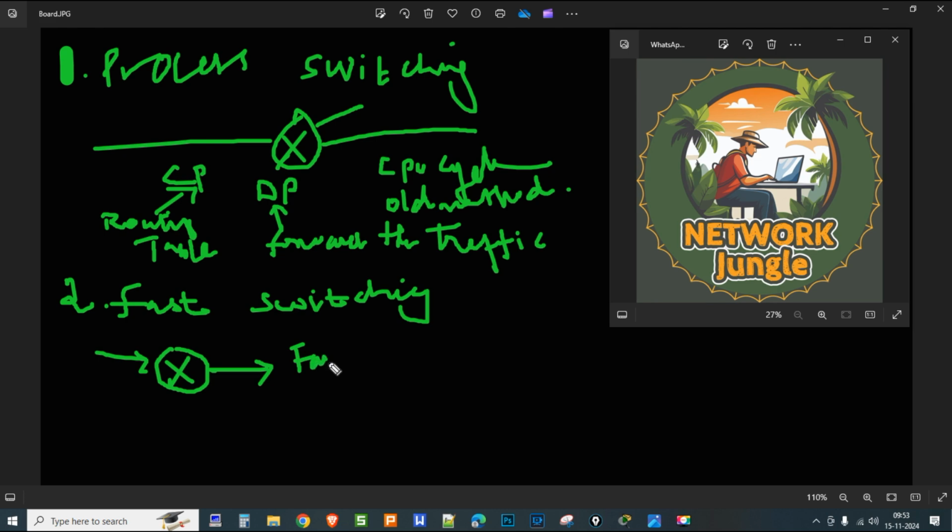Fast forward cache. It uses fewer CPU cycles compared to process switching.